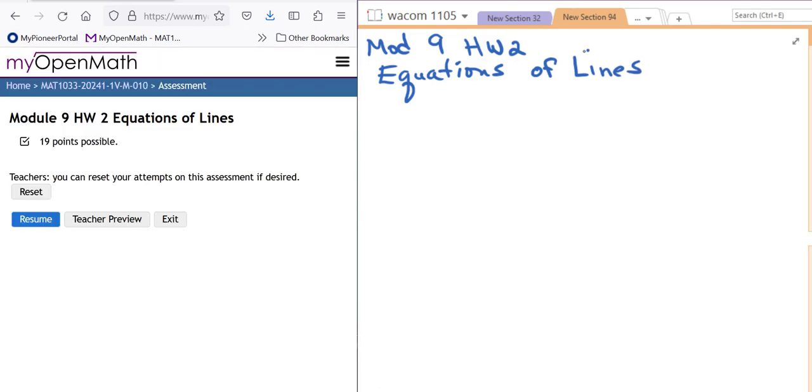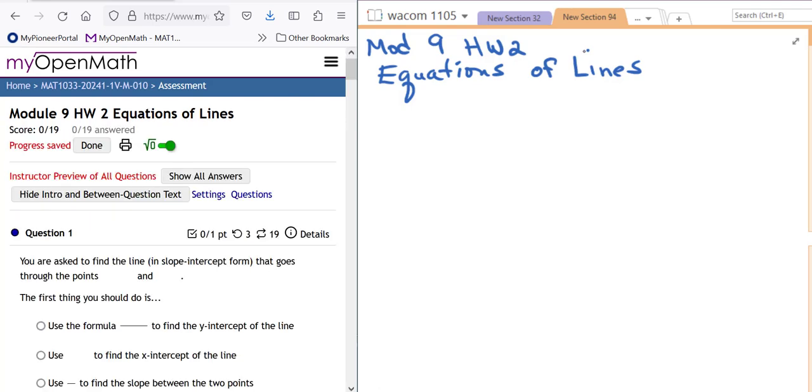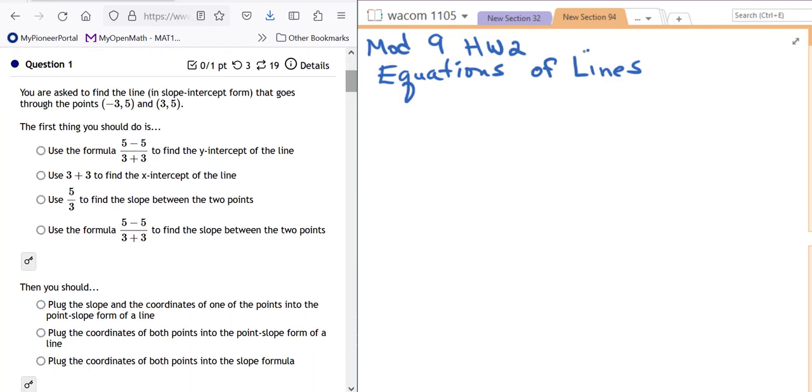All right, and in this one, let me just make a couple of little notes here. For your different forms of equation of the line, the one that you will use most often to find the equation of the line is called the point slope form.